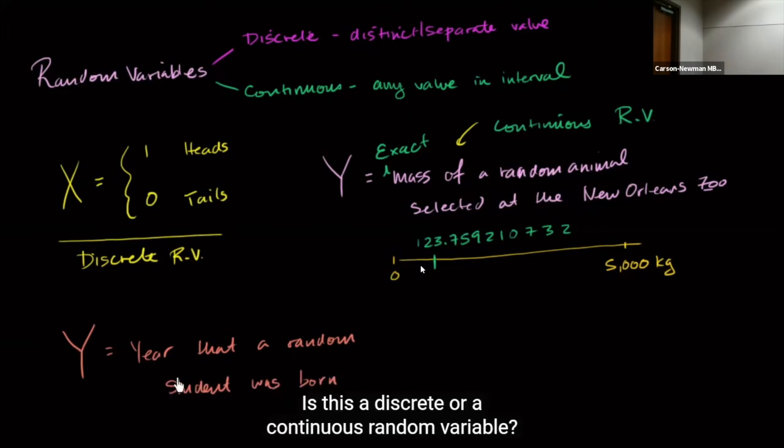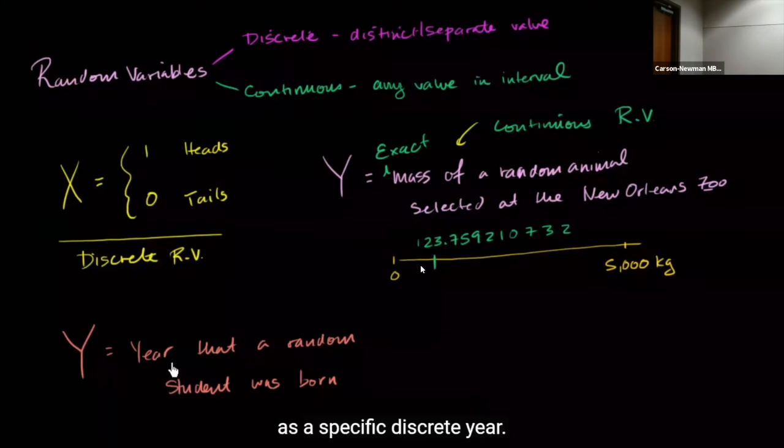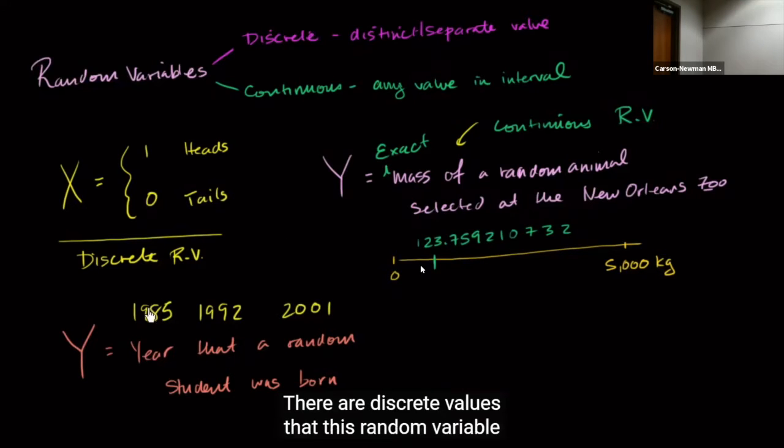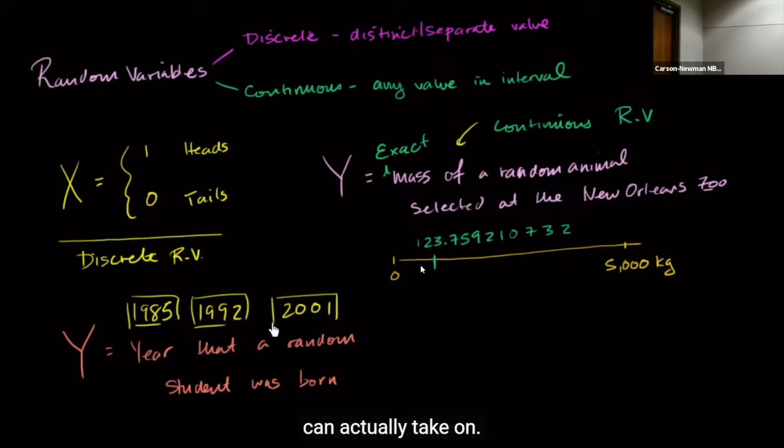Is this a discrete or a continuous random variable? Well, that year, you literally can define it as a specific discrete year. It could be 1992, or it could be 1985, or it could be 2000 or 2001. There are discrete values that this random variable can actually take on.